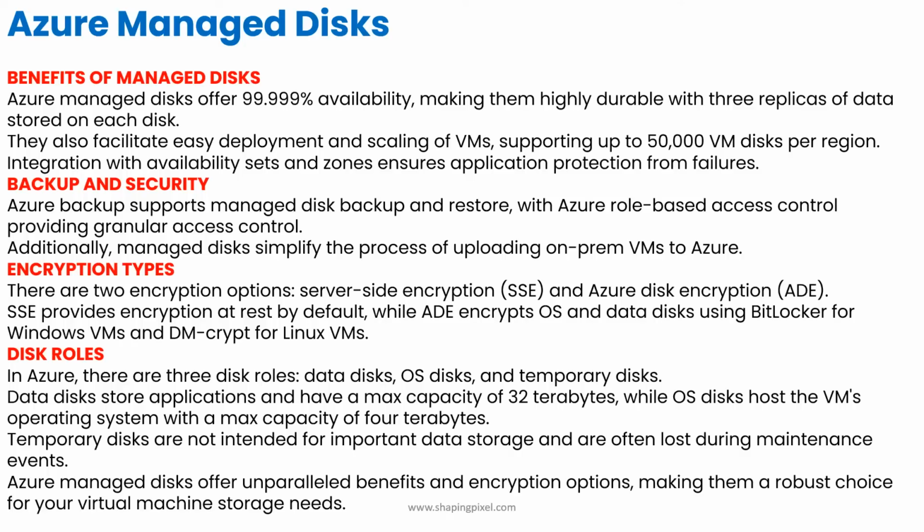In Azure, there are three disk roles: data disk, OS disk, and temporary disks. Data disks store applications and have a max capacity of 32 terabytes, while the OS disk hosts the VM's operating system with a max capacity of 4 terabytes.